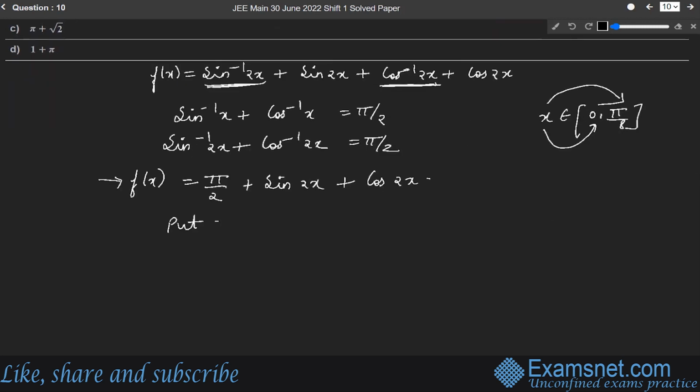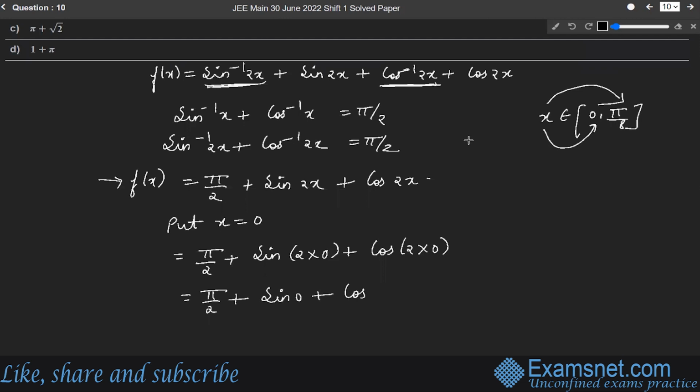When we put x equal to 0 in this given function, it is pi by 2 plus sine 2x, meaning sine 2 into 0, plus cos 2x, meaning cos 2 into 0. Now sine 2 into 0 and cos 2 into 0 will be sine 0 and cos 0. So we can write it as pi by 2 plus sine 0 plus cos 0.